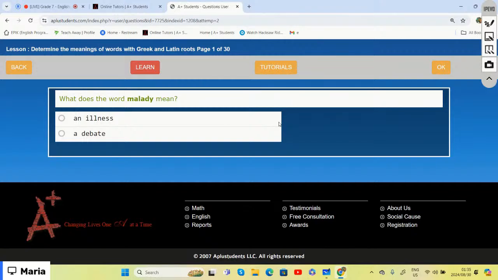So we now need to say, what does the word malady mean? Is it an illness? Malady. Is it an illness or a debate?